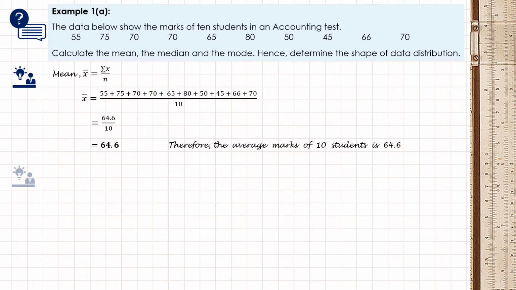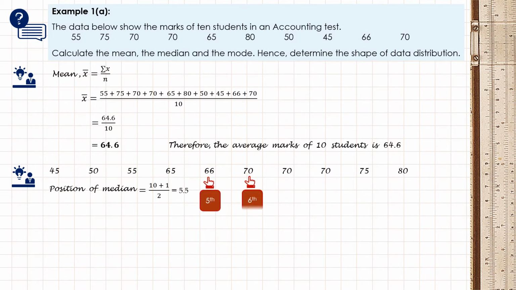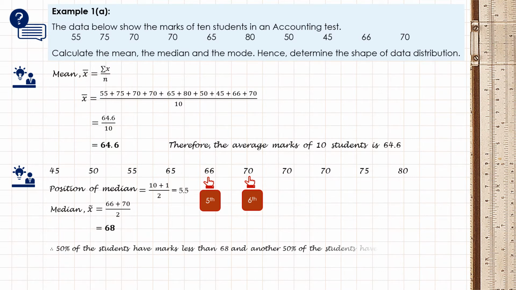For median, we arrange the data in ascending order and then find the position of the median, which is (10 plus 1) divided by 2 equals 5.5, meaning the position of the median is between the 5th and 6th. So the median value is (66 plus 70) divided by 2 equals 68. Therefore, 50% of the students have marks less than 68 and another 50% have marks more than 68.